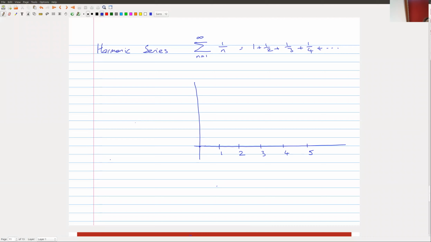And we're going to draw a rectangle of height 1 over n with base being the closed interval from n to n plus 1. And this is for n greater than or equal to 1.